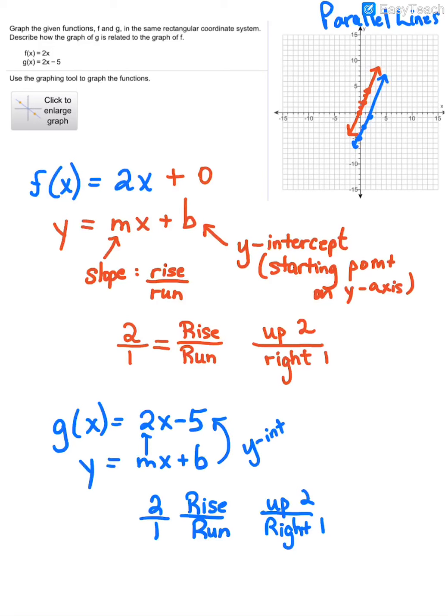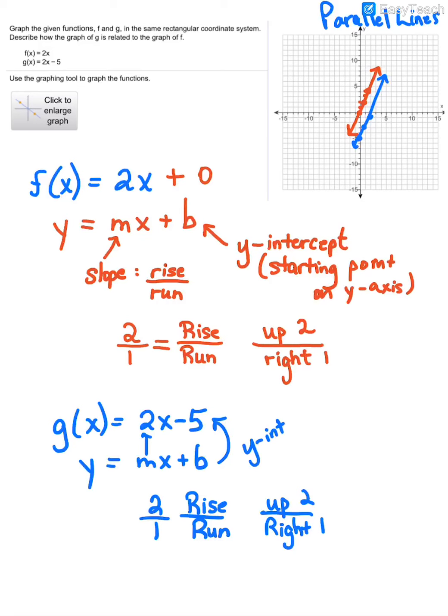The other thing that I noticed when we talk about how g is related to f is the fact that all of the points on function g, which is my blue line, are 5 units down from the points of function f, which is my red line. So we call that a vertical shift.